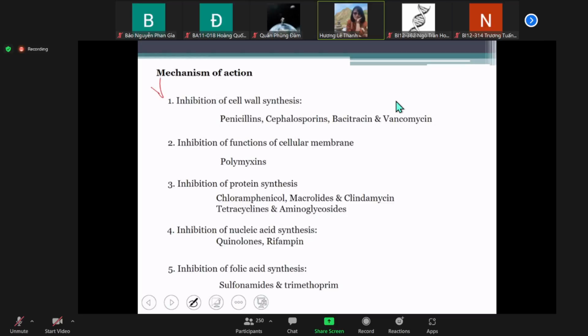Those that inhibit cell wall synthesis, we have penicillin and cephalosporins. Those that inhibit the function of cellular membranes, we have polymyxins. Inhibit protein synthesis, we have chloramphenicol and tetracyclines. Inhibit nucleic acid synthesis, we have quinolones and rifamycins. Inhibit folic acid synthesis, we have sulfonamides.